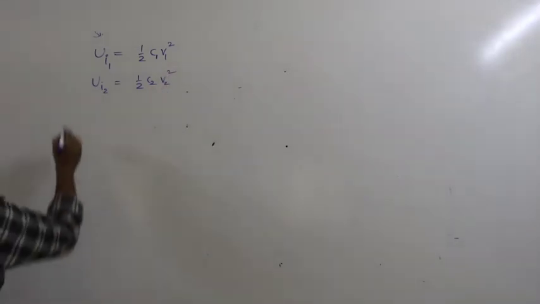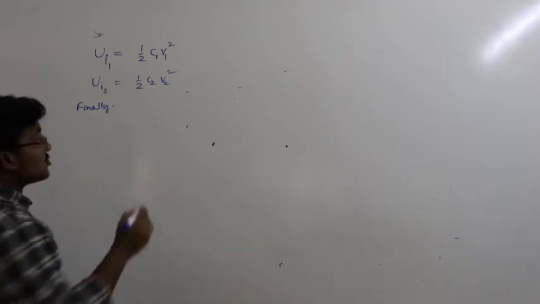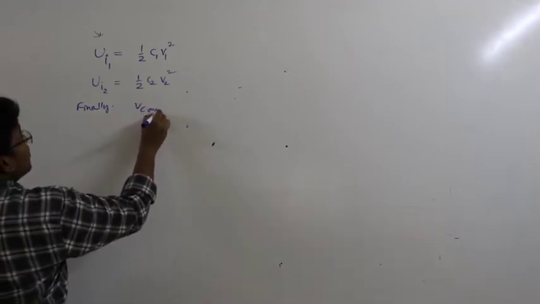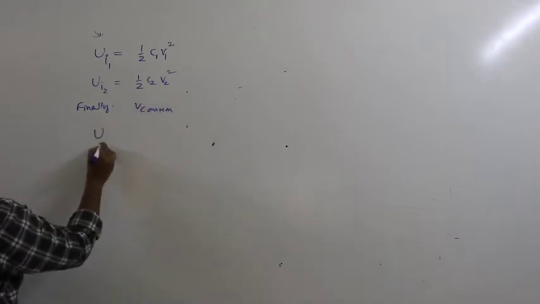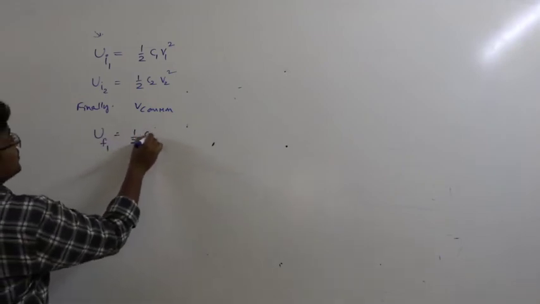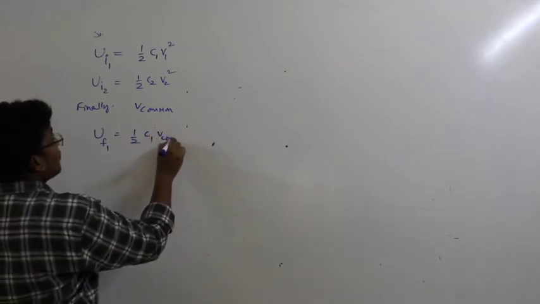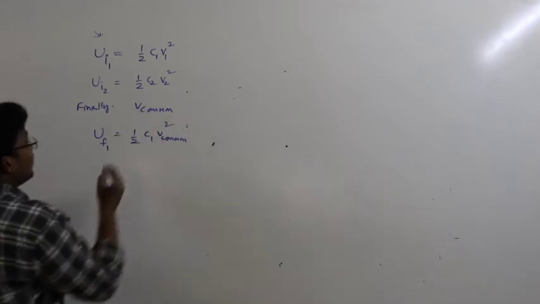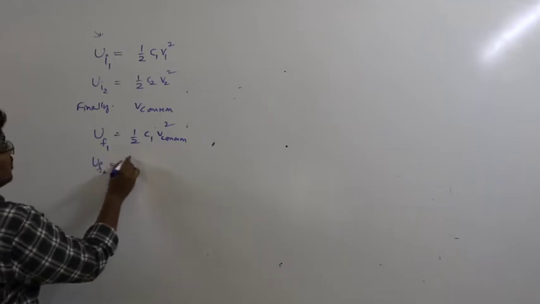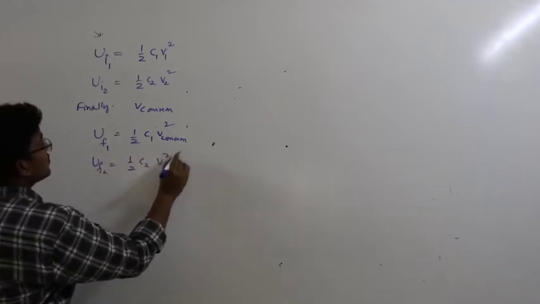Finally, they both acquire the common potential. Hence the final energy of the first capacitor is half C1 V common square, and the final energy of the second one is half C2 V common square.